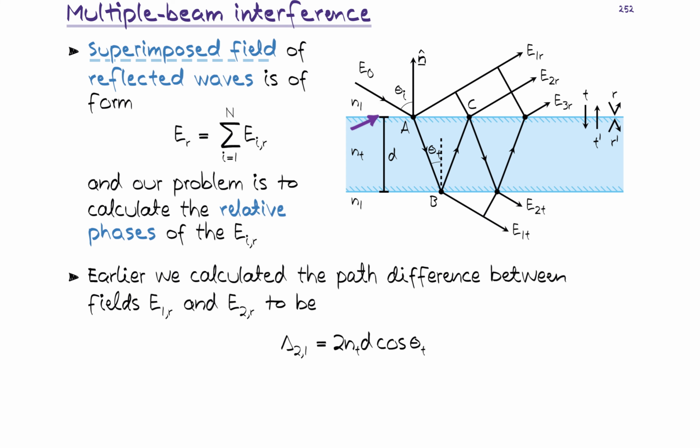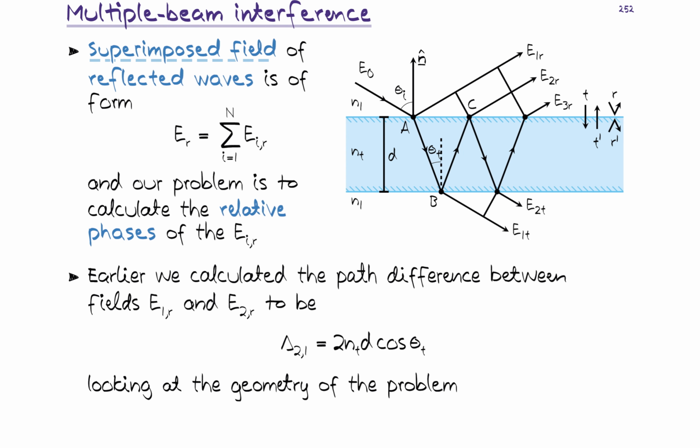So essentially we have the film thickness d here, and the refraction angle theta t, which of course depends also on the incidence angle and the refractive index of my first medium of interest. This gives me the optical path difference, big lambda, and then the phase difference will be this times k.